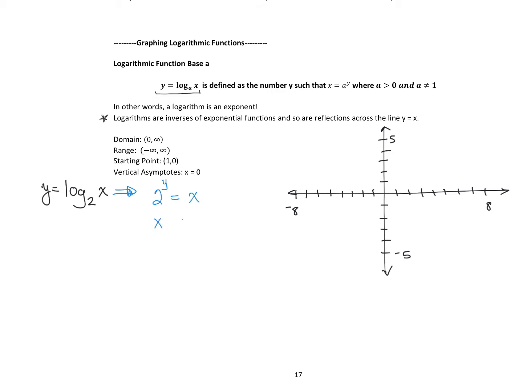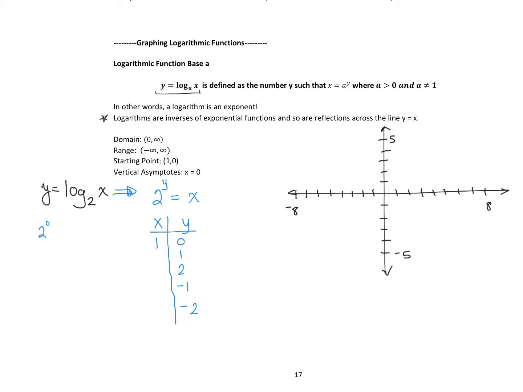Once I do that, it's fairly easy for me to make a table of values. A little bit different than what we normally do, we're going to choose values for y and then solve for the corresponding x. So if y is 0, we have 2 to the 0, which is 1.